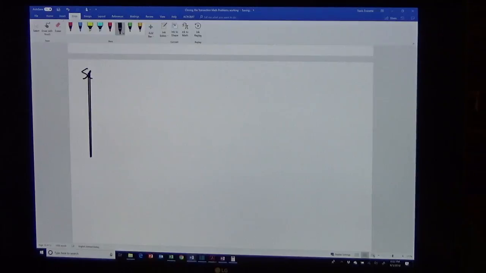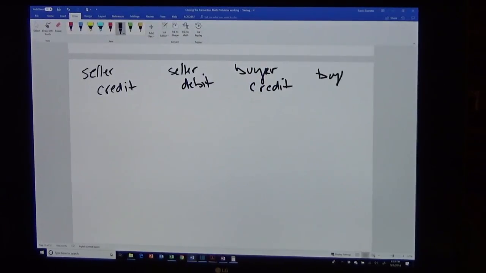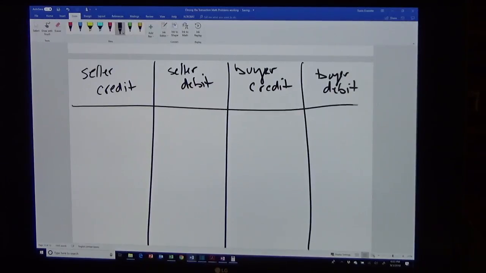Seller credit, and again, it doesn't matter what order you put them in, as long as you have credits and debits for both sides. So seller credit, seller debit, buyer credit, buyer debit. Alright, and now we're ready to roll.